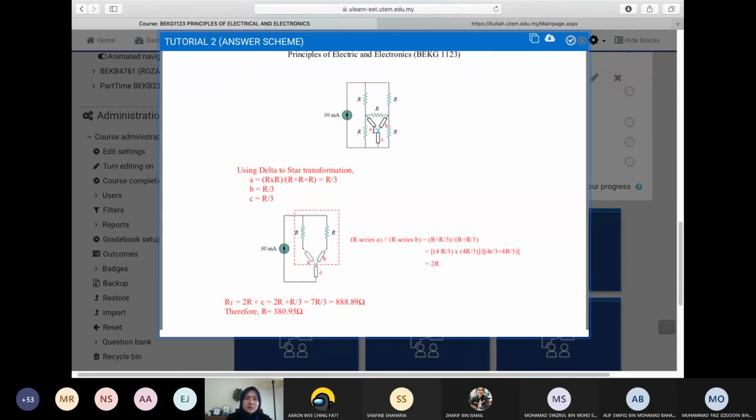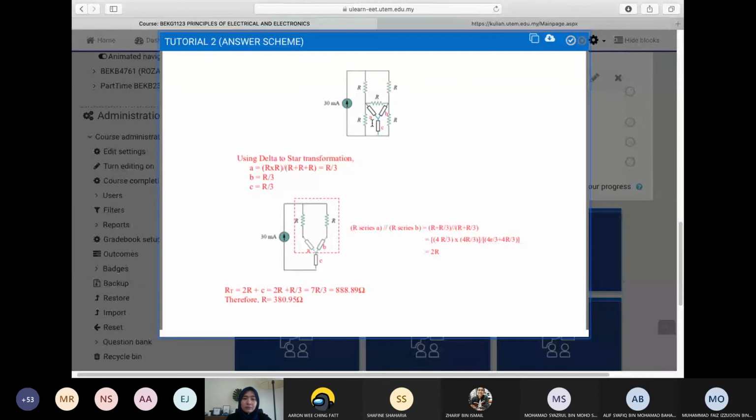We name these resistor A, resistor B and resistor C. Using the equation in part 5, resistor A is R multiplied by R divided by R plus R plus R. If you remember the formula for the delta star transformation, because each resistor is labeled as R with the same value, we use R multiplied by R divided by R plus R plus R. So A is equal to R divided by 3.